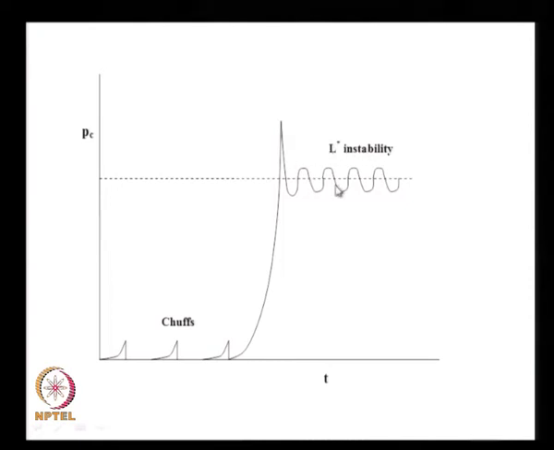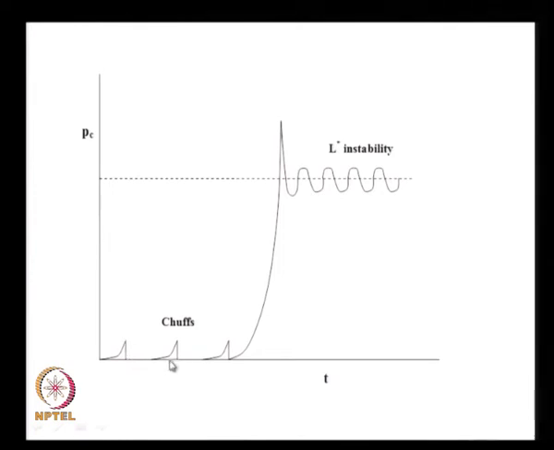This is L star instability, but very often we also find that when a motor is ignited and the ignition is not that good, we get some spikes like this. This is the ambient pressure, and you get a small spike in pressure, the motor gets ignited but gets quenched, but the motor grain is still hot, and thereafter the temperature in the grain again ignites the motor, and again I get another pressure spike, another spike, something like a train going chuff, chuff, chuff.